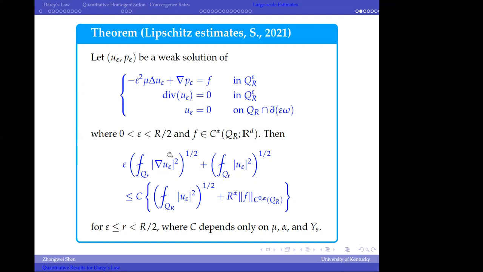And you can also average the gradient, but you have to multiply by epsilon. They are bounded by the same right-hand side. So this is what we call a large-scale Lipschitz estimate. The constant depends on mu, alpha, and the obstacle Y_s.